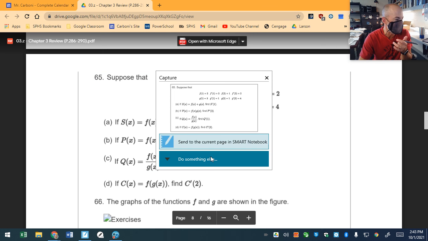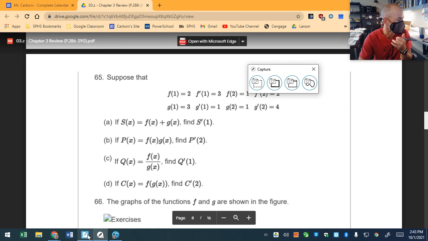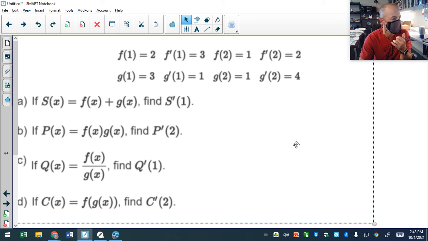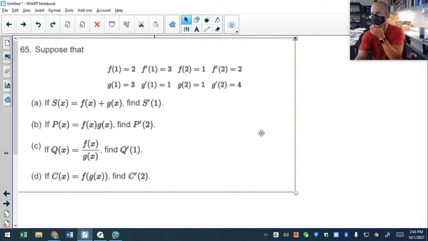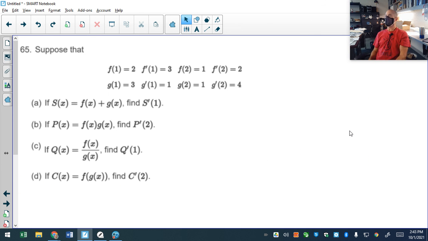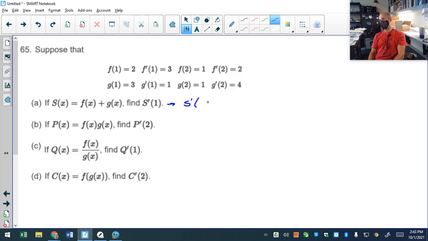They're the exact same type that we were just doing. Instead of giving you the values as a table, they wrote them this way. So for number A, how do you find the derivative of a sum like this? Yeah, you just treat them like separate problems.